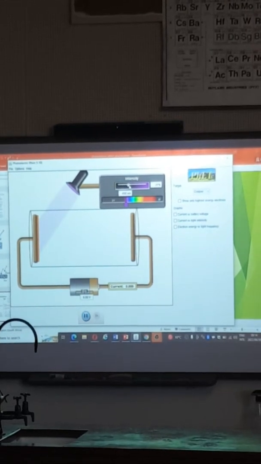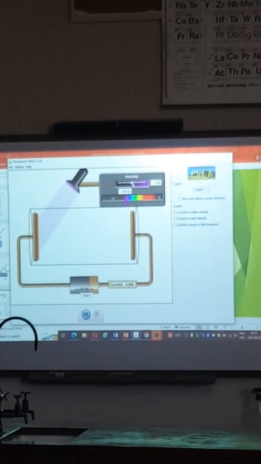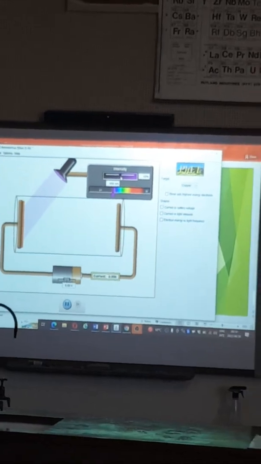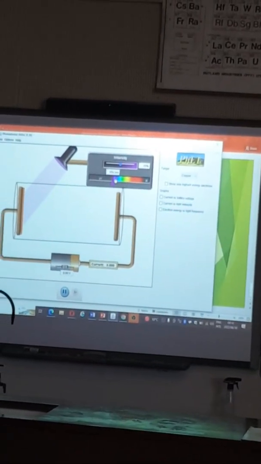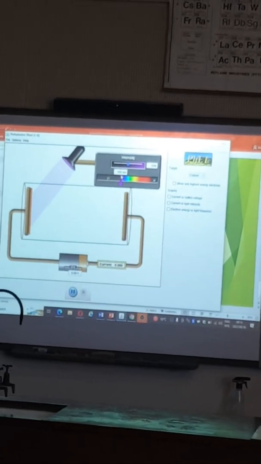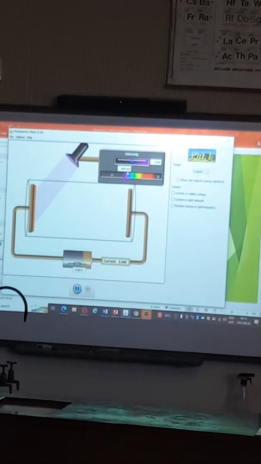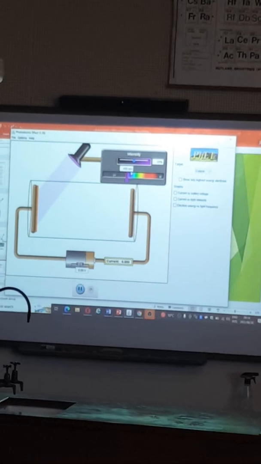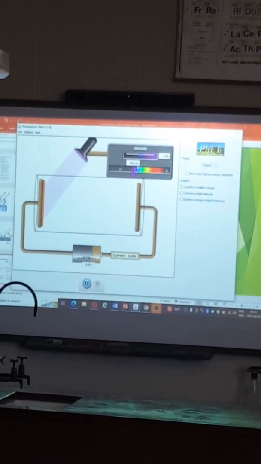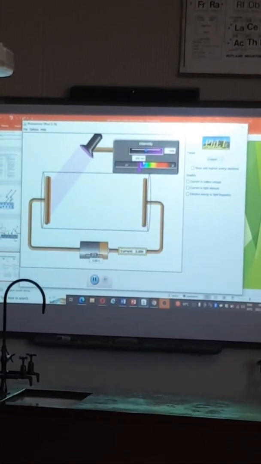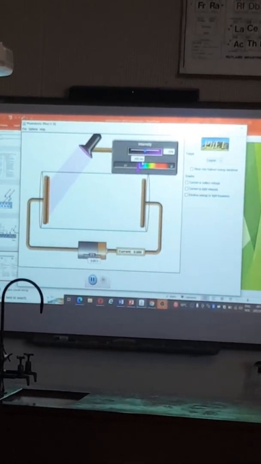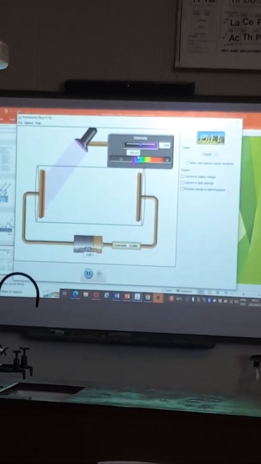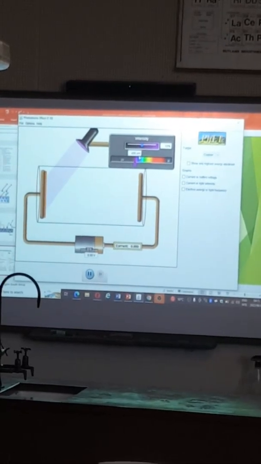If I put it on 50%, you can see here. Of course, this simulation is showing the wavelength. As you can see, it is in nanometers, not a frequency, but we know the relationship of the frequency and the wavelength as you have explained here.